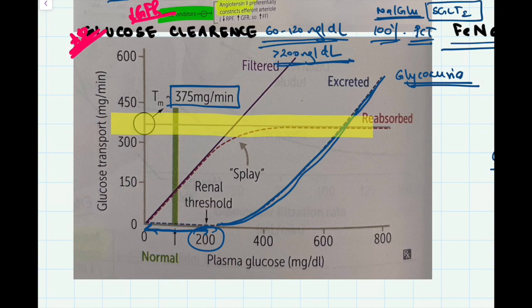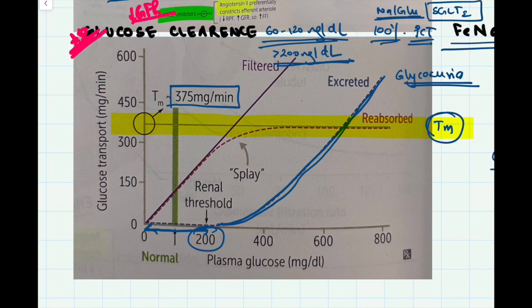So this is the Tm. Now you see that the Tm for glucose is reached gradually, right. Why this happens is because of heterogeneity of the nephron. That means that Tm is different at different points. Therefore, there is this splay in reaching the saturation, right. And this is called the splay phenomenon.